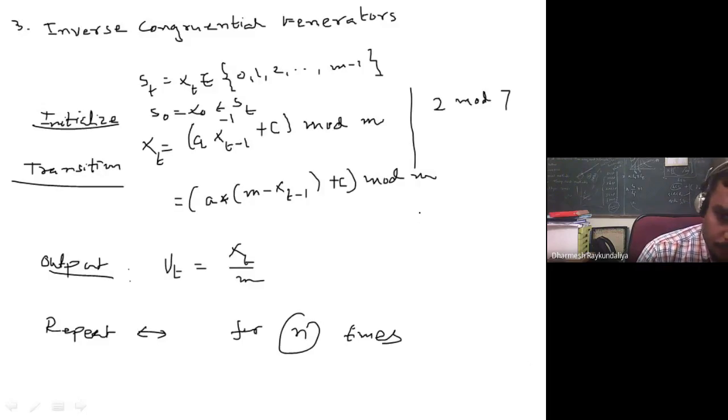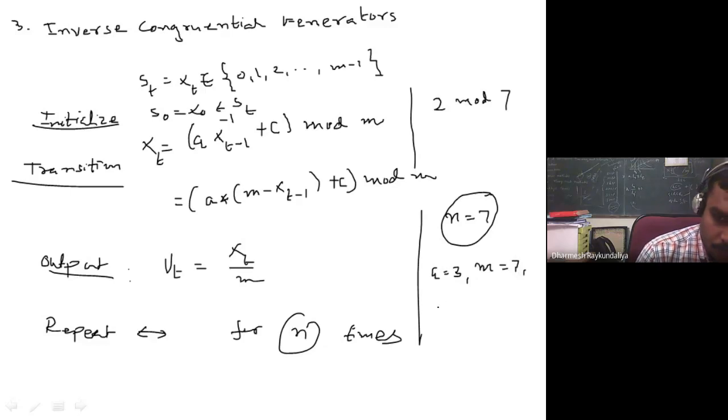Generate n equal to 7 random numbers when a equal to 3, m equal to 7, c equal to 6, using an initial seed x0 of, let us say, 2. So generate using the inverse congruential method.